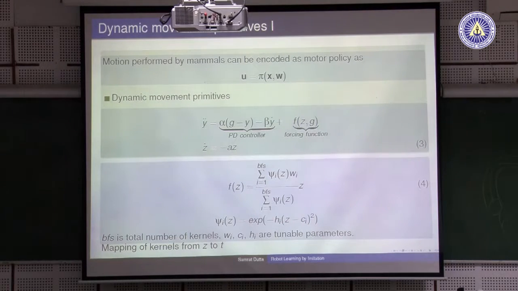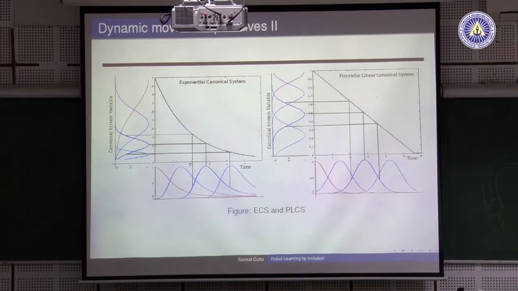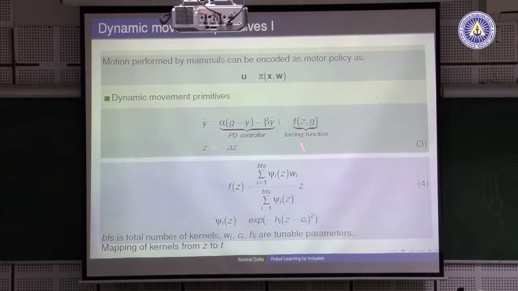Now, if we look at the response of Z, as it is an asymptotically stable system, Z starts from here and exponentially decays to 0. What we do is take Gaussian functions and kernelize it, and based on that, this function f is learned, so that this whole function matches this trajectory.